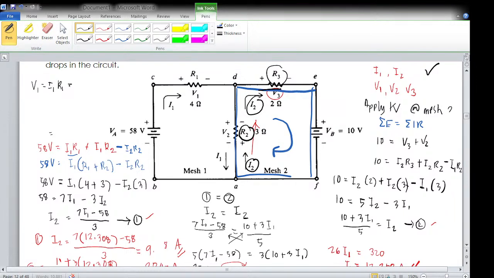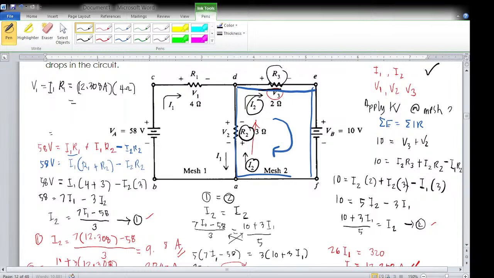Ano nga ulit yung I sub 1 kanina? 12.308, and our R sub 1 is 4 ohms.